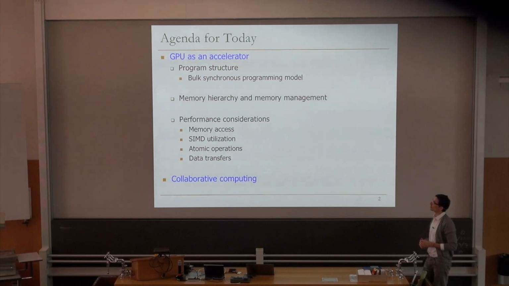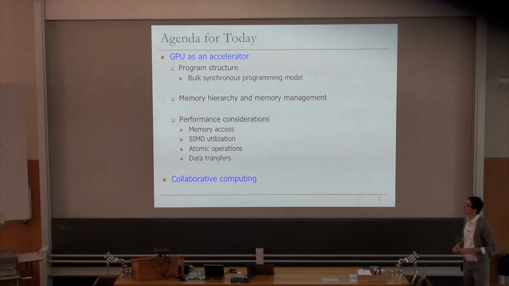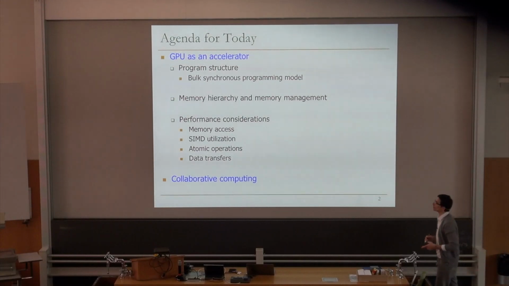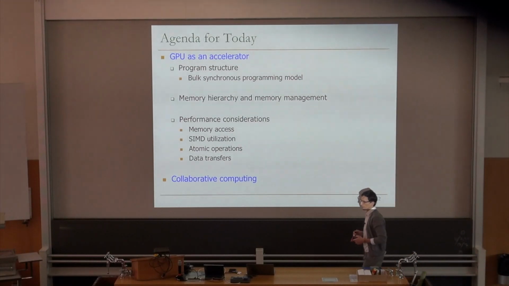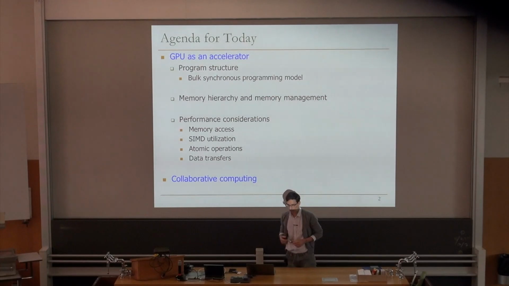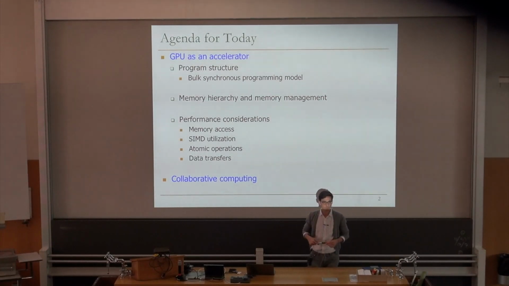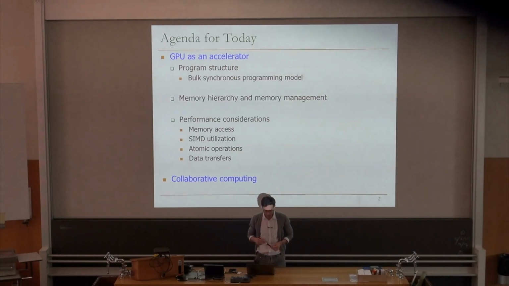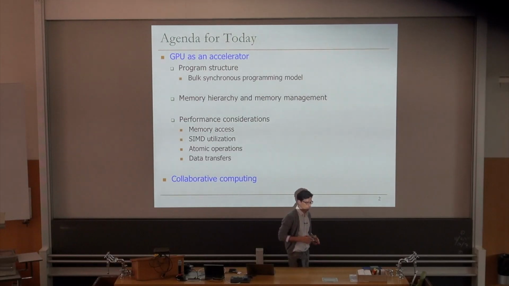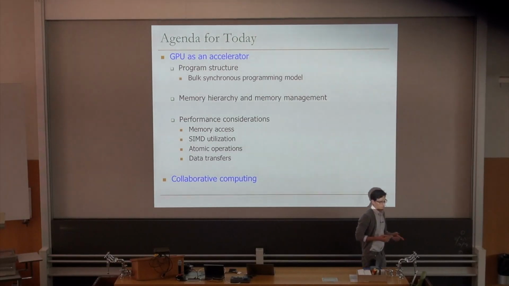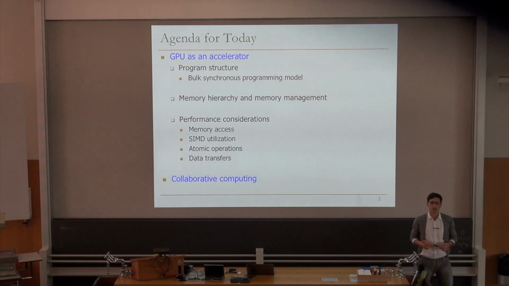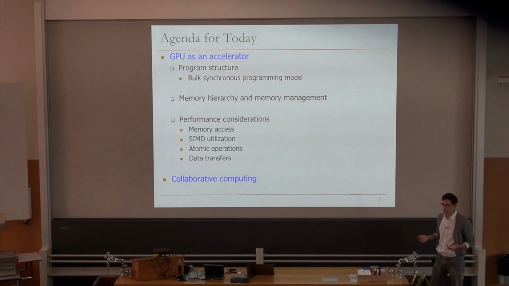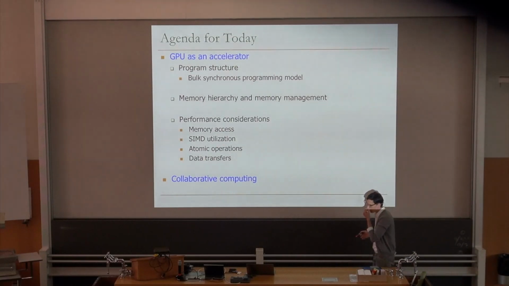In this first part, we are going to consider the GPU as an accelerator. First, we are going to talk about the bulk synchronous programming model. We will see what the typical program structure for GPU programming is, and then we will go to specific considerations in the memory hierarchy. As you can guess, access to memory is also going to be the main bottleneck in GPUs, same as in CPUs.